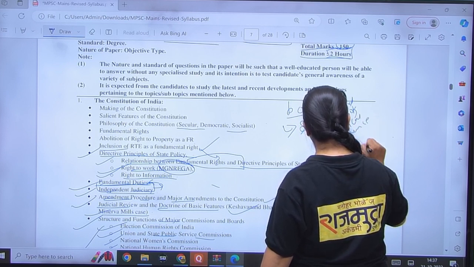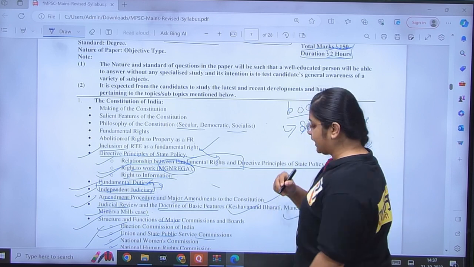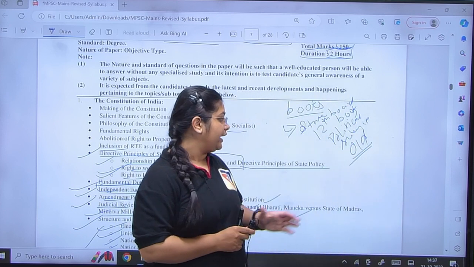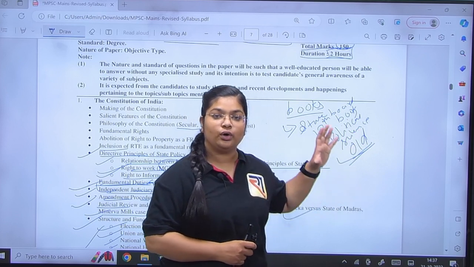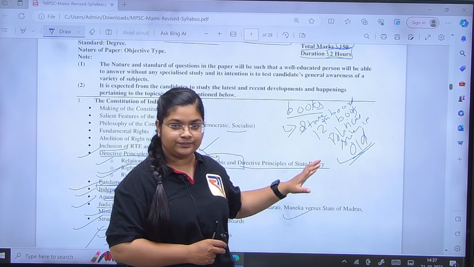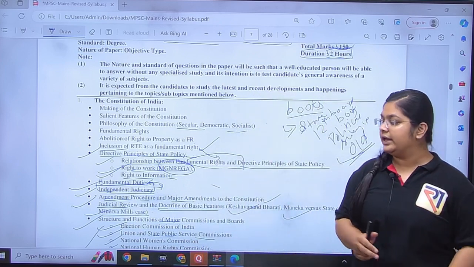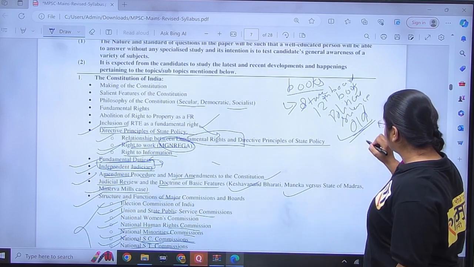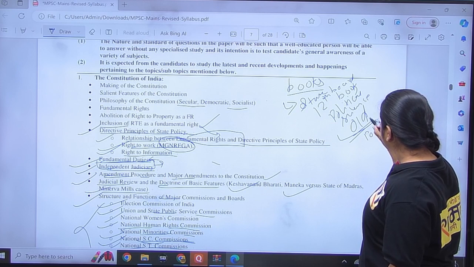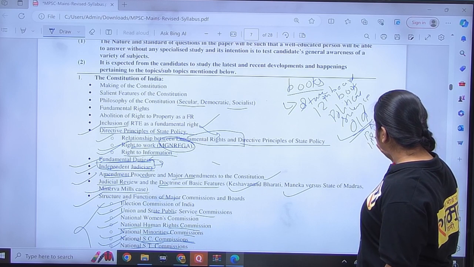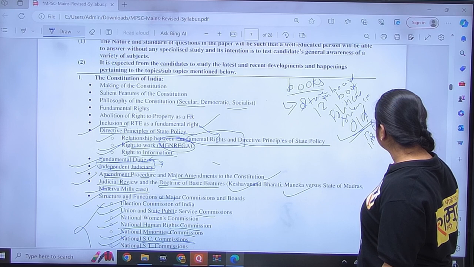Old book. Okay. There has been a change in the syllabus, so I would suggest you go through the old book of 12th. Okay. Then there is NCERT. Okay. NCERT of political science, the 11th NCERT and 12th NCERT.